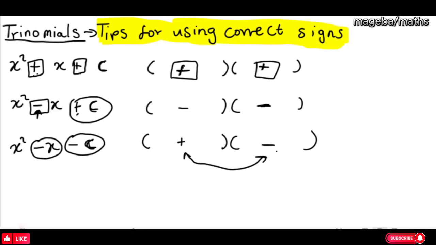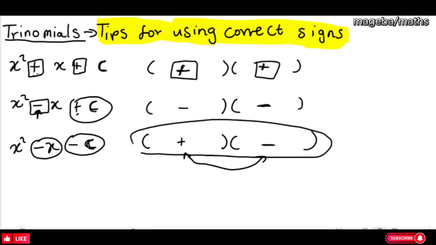Factors are very vital here, because they play a huge role in whether, when you multiply, you get the last term, and when you add or subtract, you get the middle term. The signs are not going to be the same, so the factors that you have are going to play a huge role.